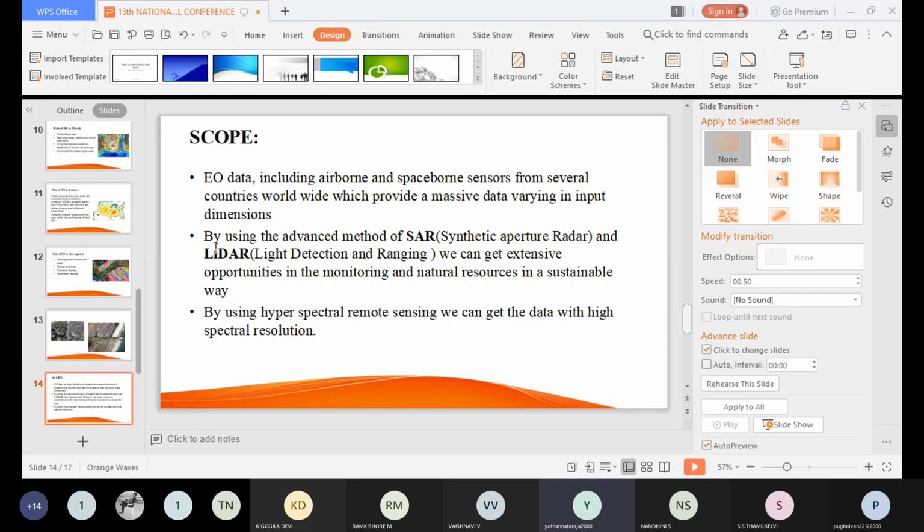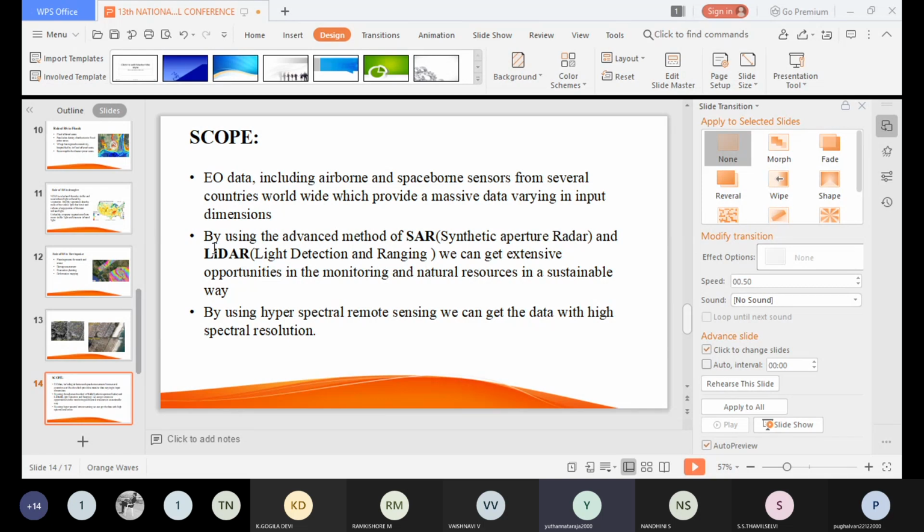Then what are the scopes? The Earth data can include airborne and spaceborne sensors from several countries worldwide, which provide massive data varying in input dimensions. By using advanced methods in remote sensing, in the past days we were using MATLAB software. Nowadays we are using deep learning and machine learning image processing software for analyzing the data from the GIS.